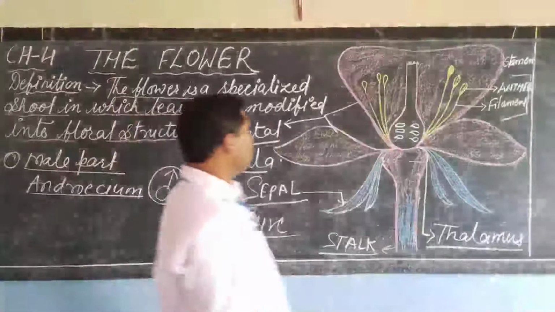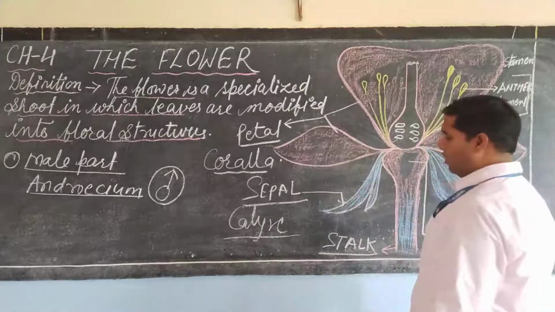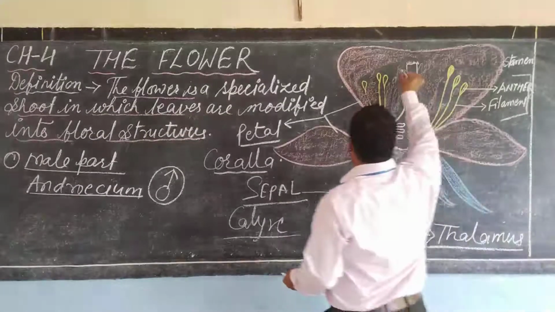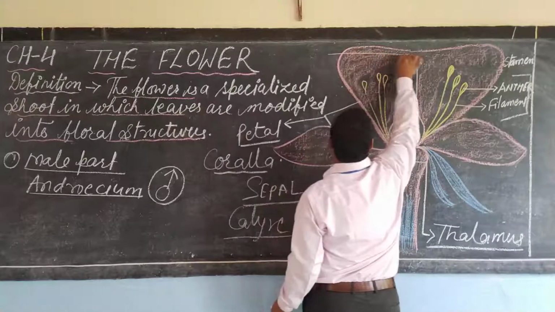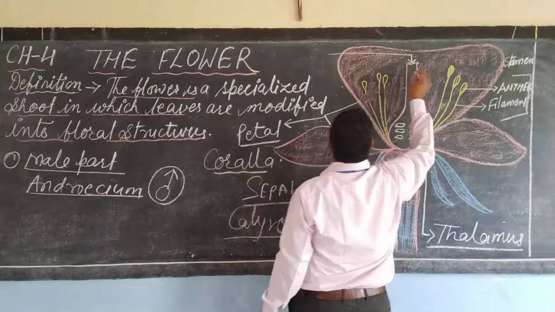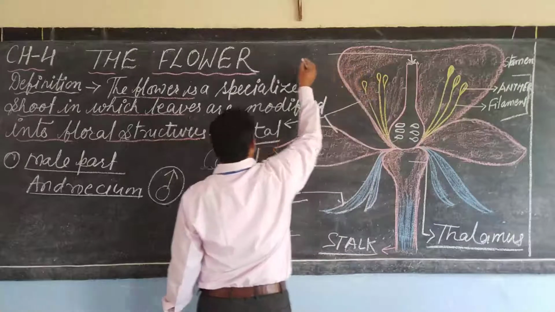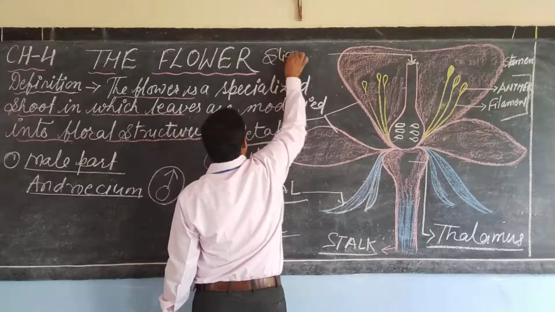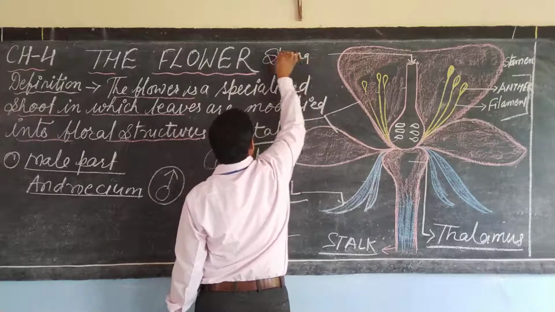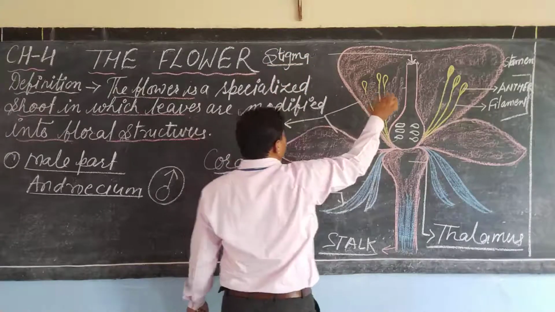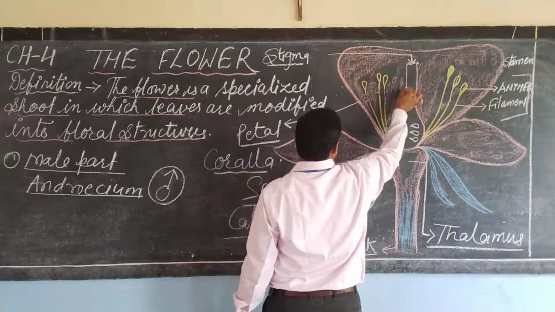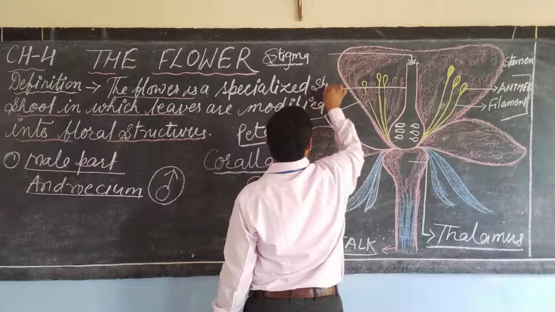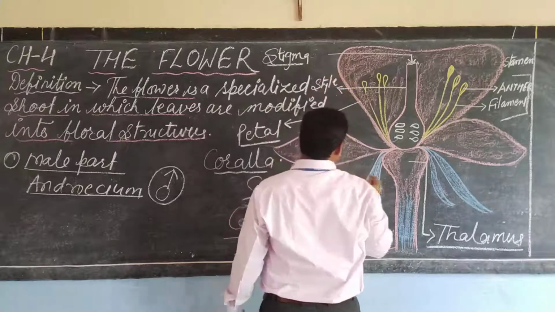Let us see the female part of the flower. The topmost part of the female is known as a stigma. This pipe type of structure is known as a style.